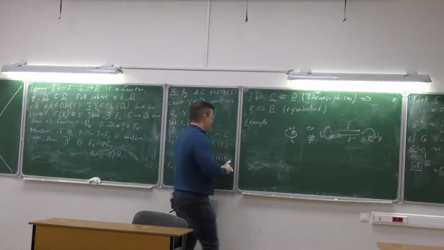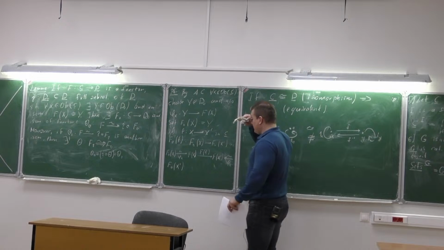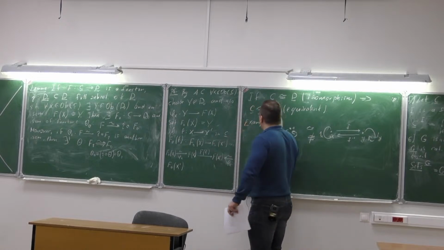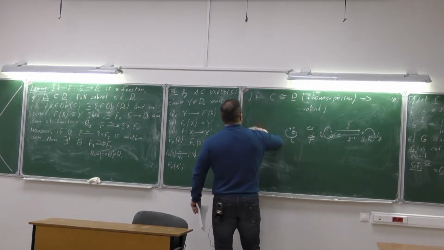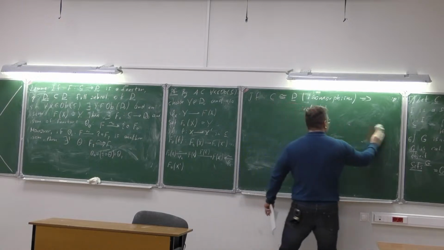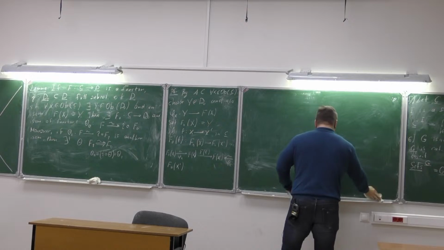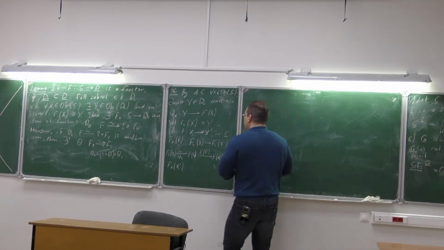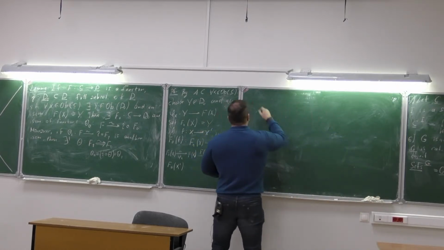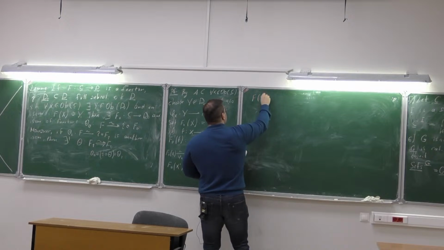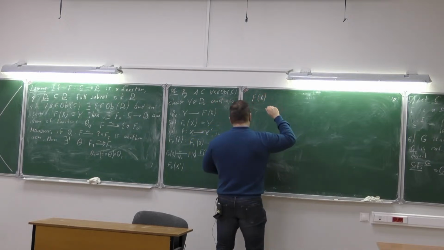And clearly from this definition you can see that the identity is mapped to the identity. So the only thing we need to check is that the composition goes to the composition. And this follows from the following diagram. We have f of x. So suppose we have two maps, f and g.